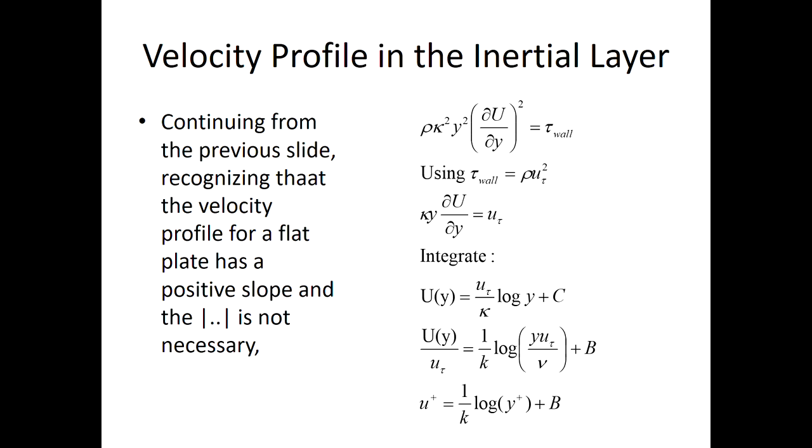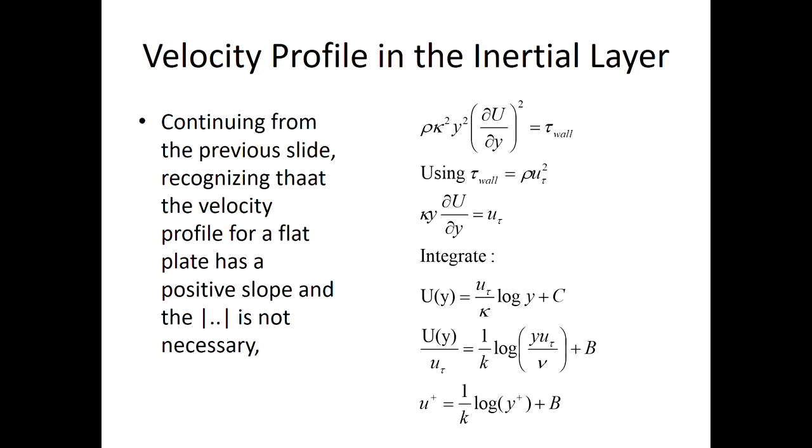So he said, I'm going to integrate it. I'm going to take this dy to the other side, y to the other side. u tau is a constant, kappa is a constant, so I'm not going to worry about it.